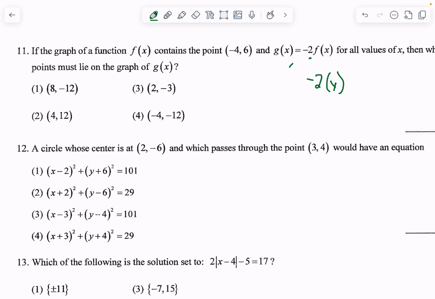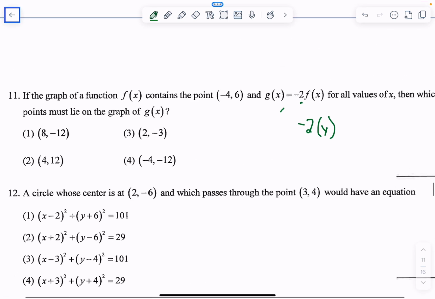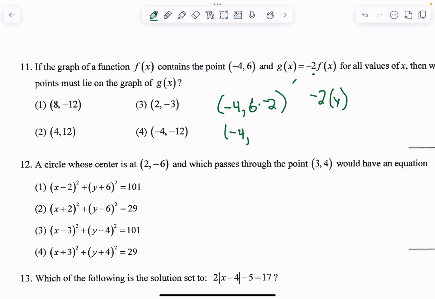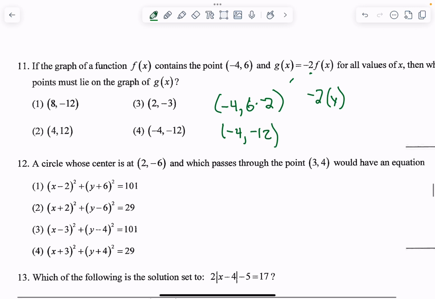That's what f of x really means, is the y-coordinate. So we're going to take this negative 4, and then we're going to take 6 and multiply it by negative 2. And we get the point negative 4 comma negative 12. So that will be a point on the graph, which is number 4.